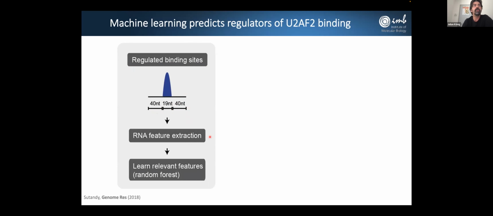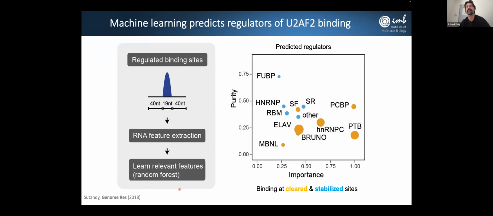These features included, for example, binding motifs of other RNA binding proteins. And then we used machine learning to learn the relevant features that can discriminate between cleared and stabilized binding sites. And this led us then to identify some RNA binding proteins that we suggest can regulate U2AF2 binding in cells.